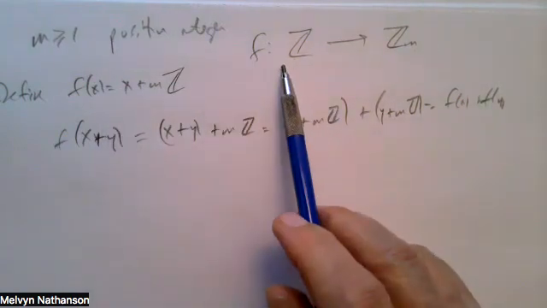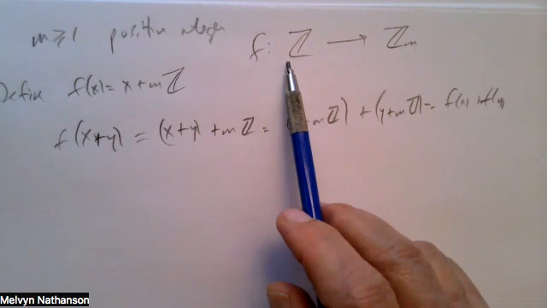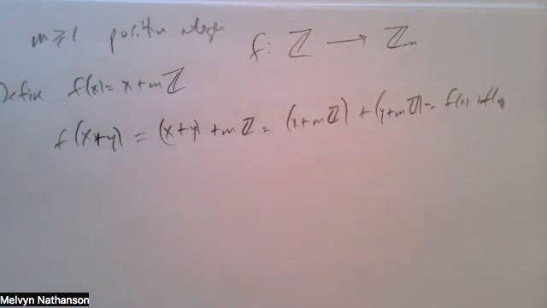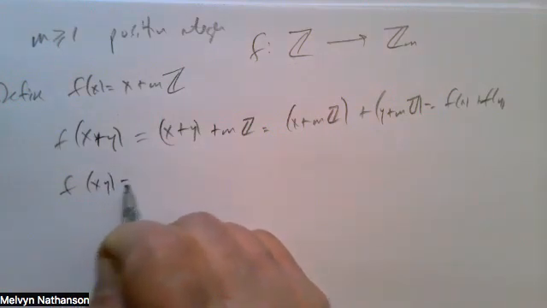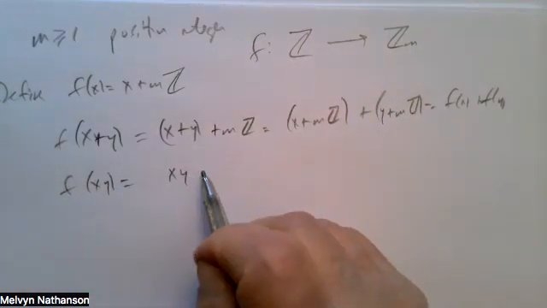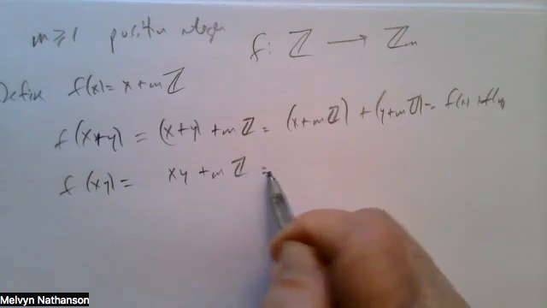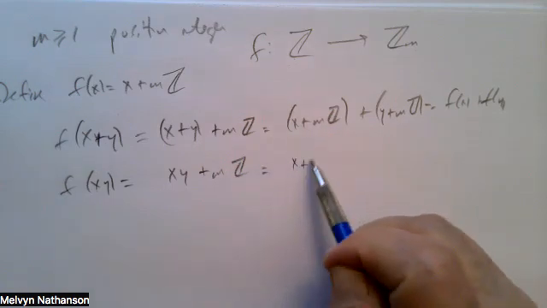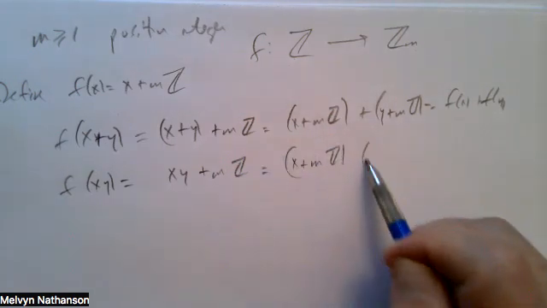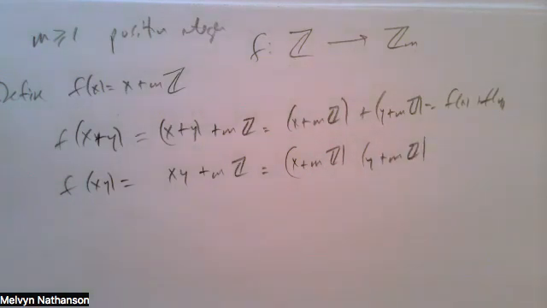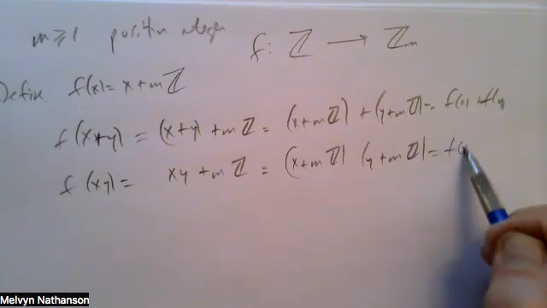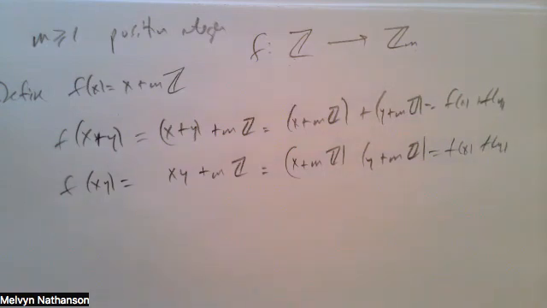So this function, we've seen it before, is a group homomorphism of Z as an additive abelian group. And f of xy, that's the congruence class xy plus mZ, which is the product of the congruence classes x plus mZ and y plus mZ, which is f of x times f of y.